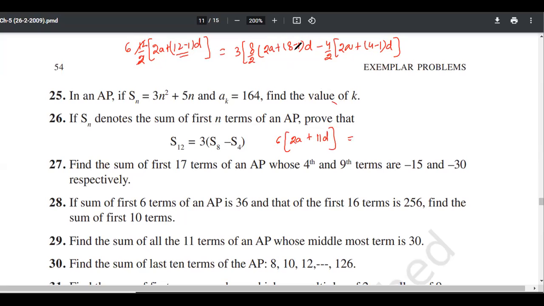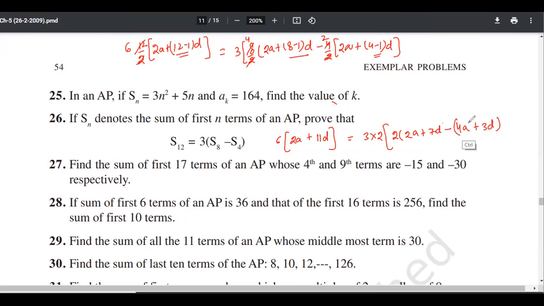Okay. And the same answer you will get here. You will get 7d, and it will be 2a plus 7d, and 8 by 2 is simply 4 and this is simply 2. So when you take 2 as common from both, you can get 3 into 2 bracket 2a plus 7d, minus 4a plus this will be 3d.